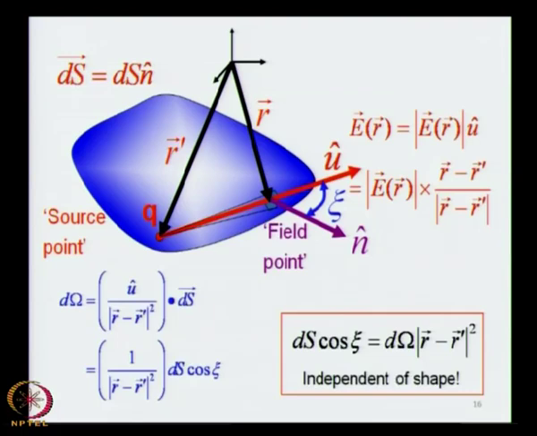So, the details of the shape are quite irrelevant to this. So, if you multiply by this distance square on both sides of this equation, you get ds cosine xi equal to d omega times distance square, and this relation is independent of the shape.